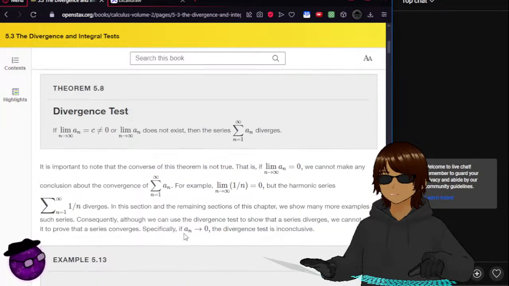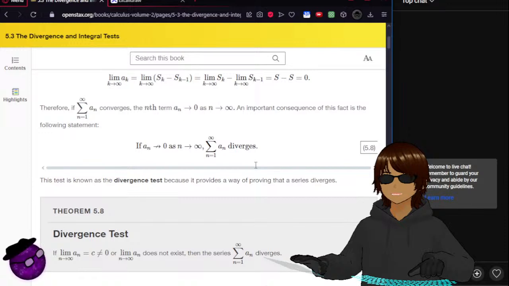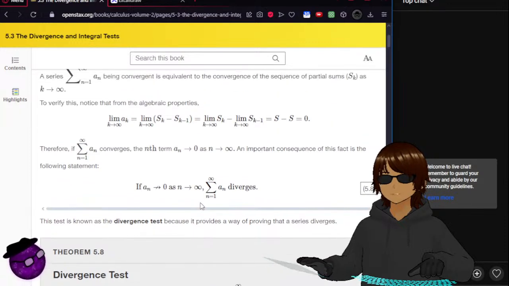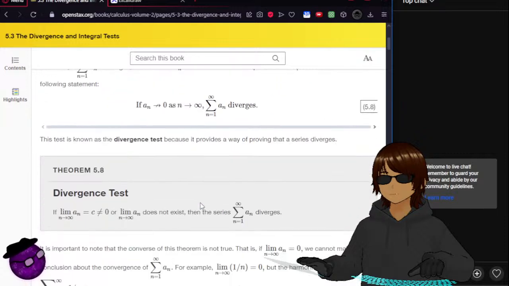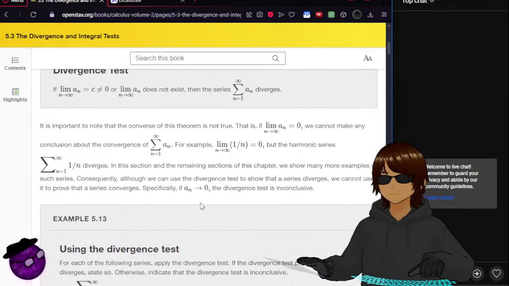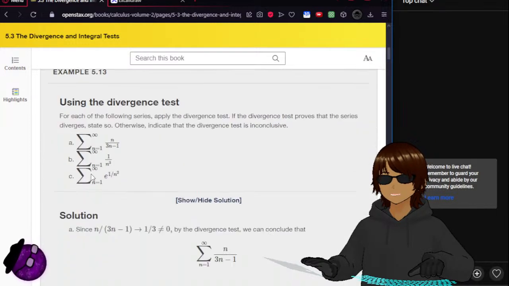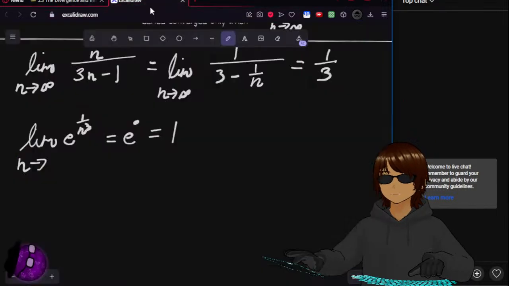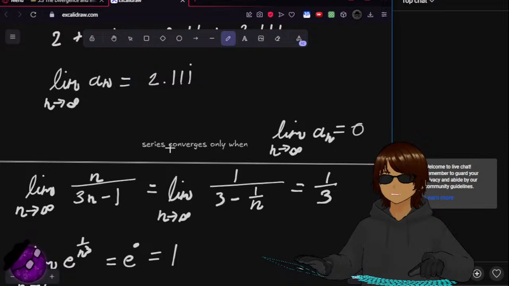Wait. What do they mean by inconclusive? Oh, I see. The harmonic series 1 over n diverges. Okay, wait, let me change this.